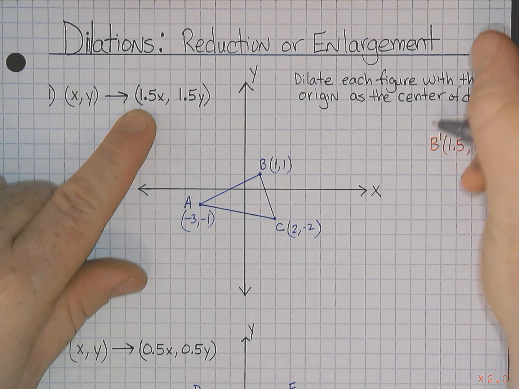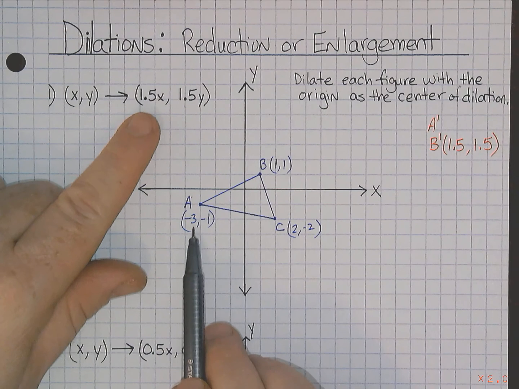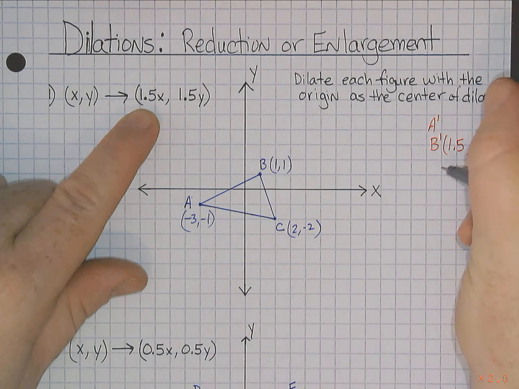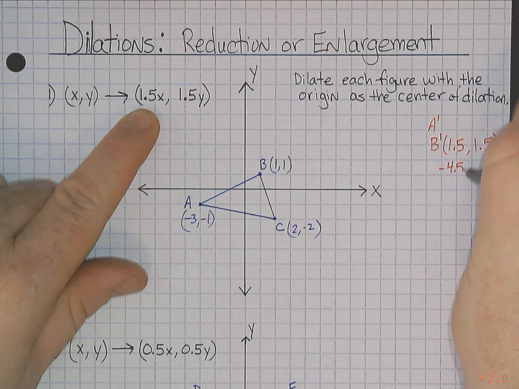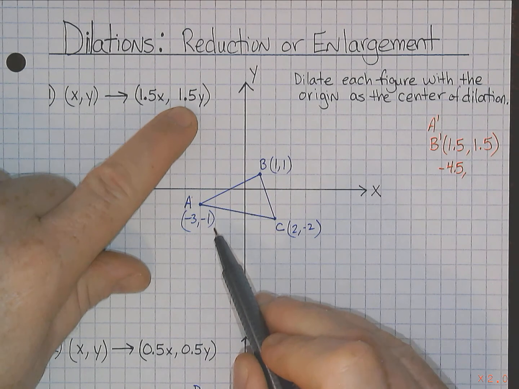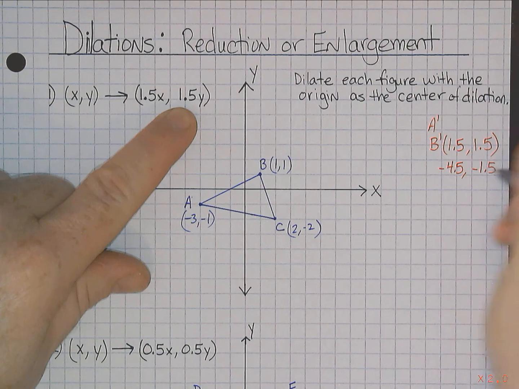Okay? A prime, let's do A. So negative 3 times 1.5 is going to be negative 4.5. And then negative 1 times 1.5 is negative 1.5. I should have put that on top, I just realized that.